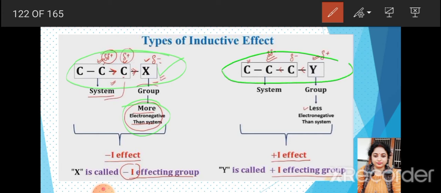This is a carbon chain again, Y attached here is less electronegative than the carbon. Keep both in mind, one by one I will discuss.